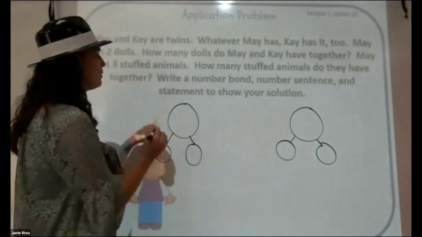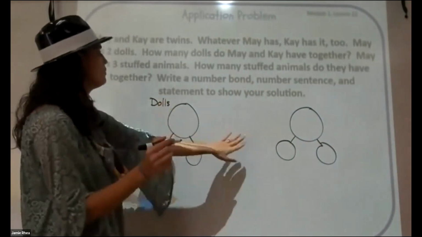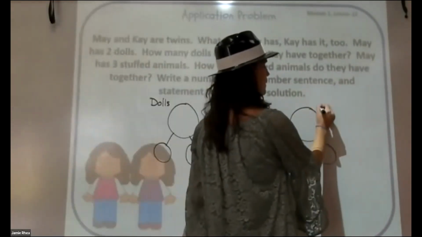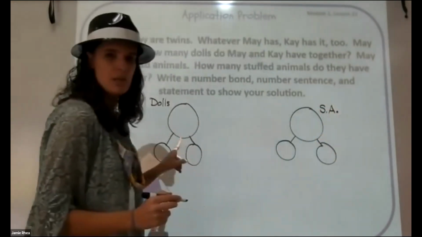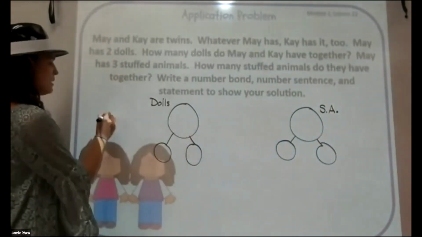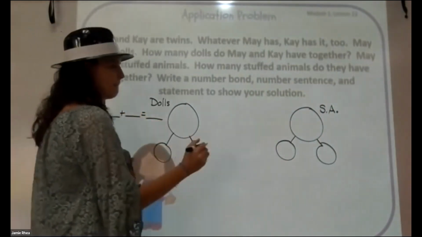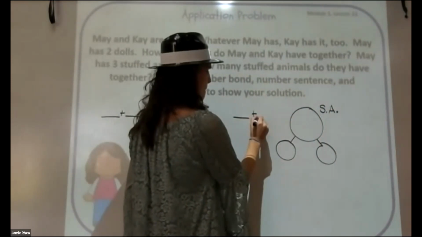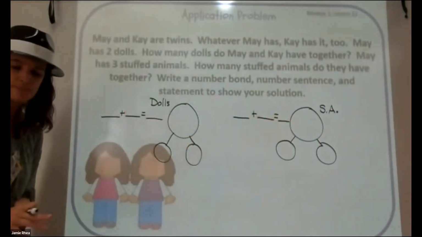So this one I'm going to label dolls, and this one I'm going to label stuffed animals, but I'm just going to abbreviate stuffed animals, okay? Now there's my number bonds, but now I also need number sentences. All right, so now I have 2 number sentences.